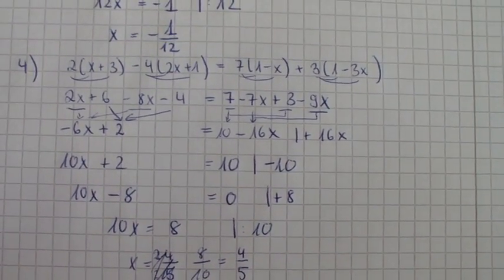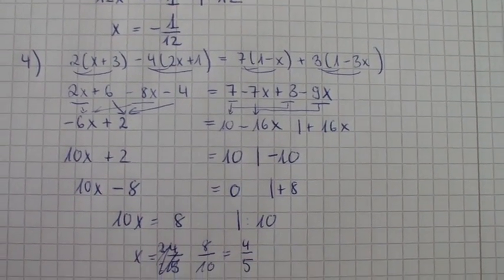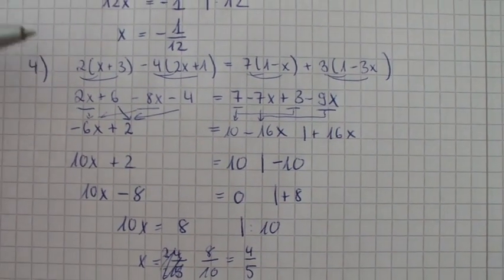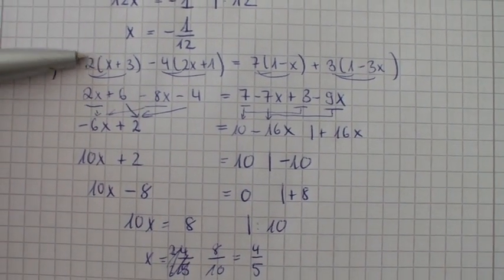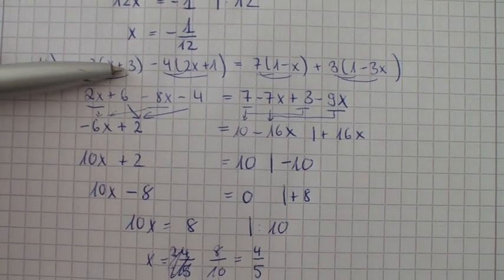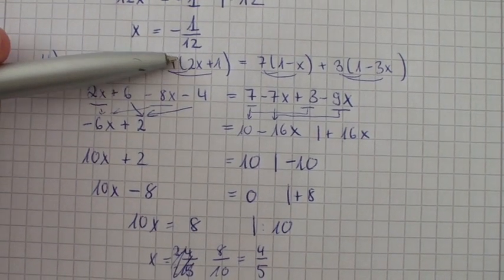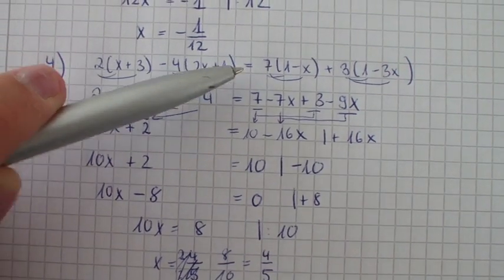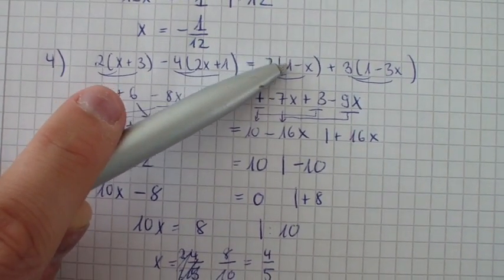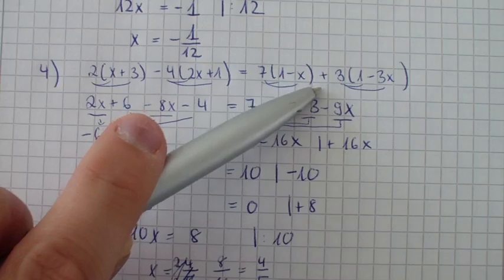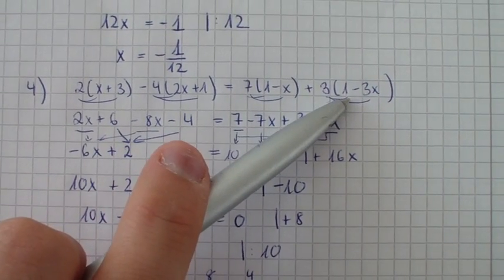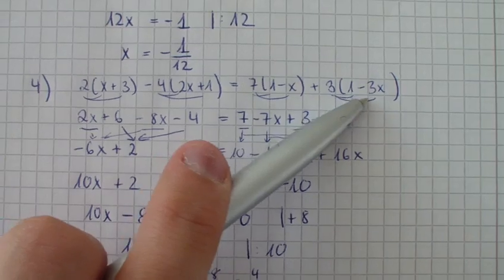Now, this is the hardest kind of equation, which will turn out to be just a simple linear equation. What we see here is 2 times the bracket x plus 3, minus 4 times the bracket 2x plus 1, equals 7 times the bracket 1 minus x, plus 3 times the bracket 1 minus 3x.